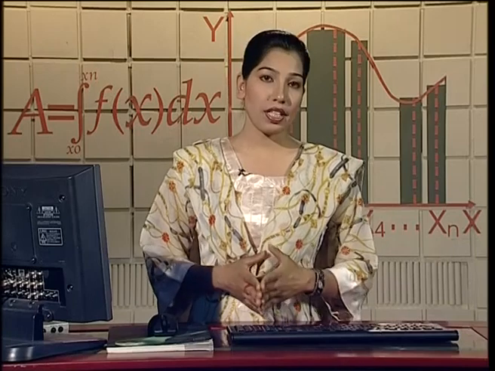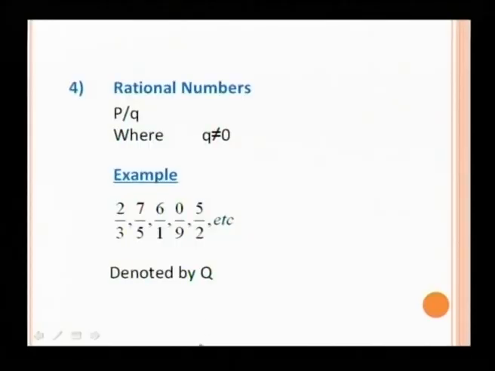Now here comes the fourth classification of real numbers, which is rational numbers, a subset of a still larger class of numbers. When a number can be written in p over q form where q is not equal to 0, it is called a rational number.